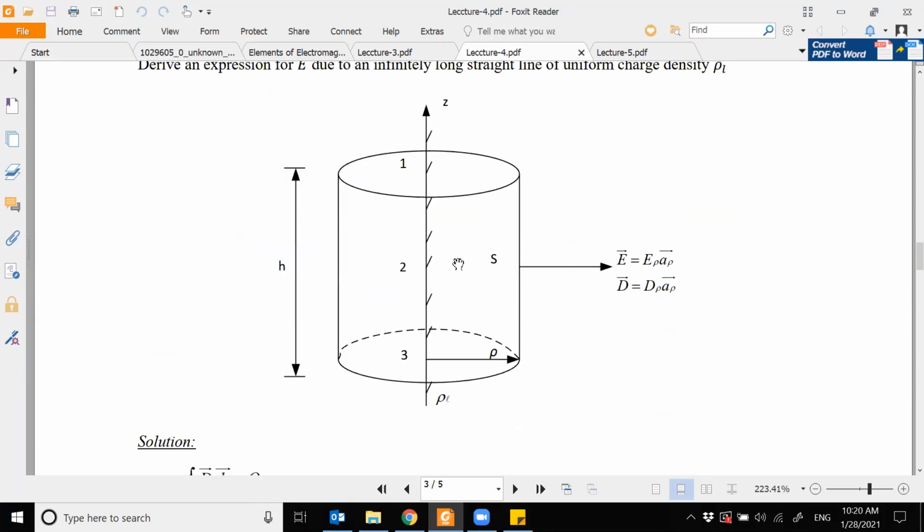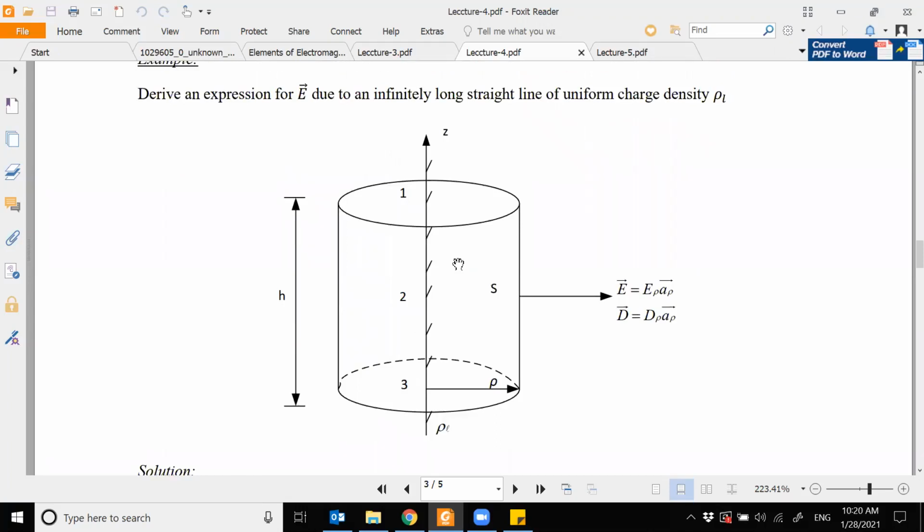So let's take this example also. This is for a line charge. We already derived it for a line charge, right? So let's now derive it using Gauss's law. Again, it's an infinite, straight line, and it has uniform line charge density, rho L. Now, how are we going to apply Gauss's law?